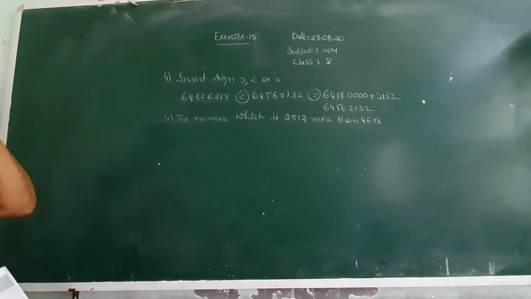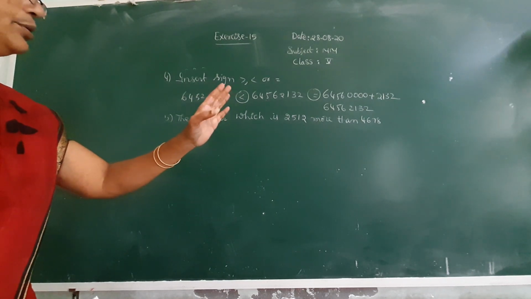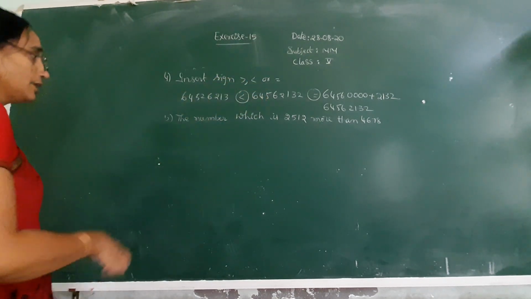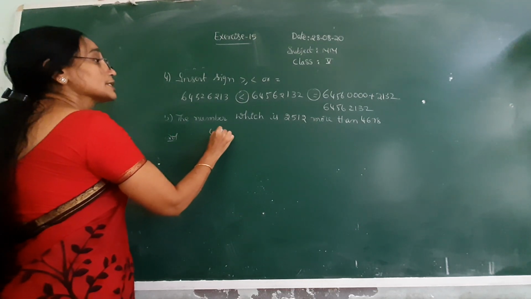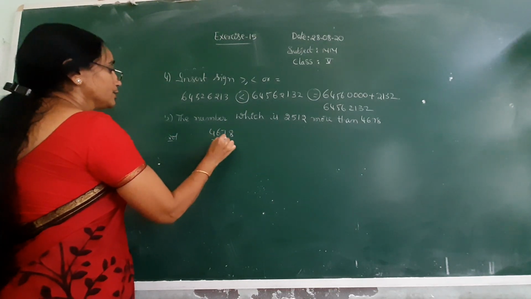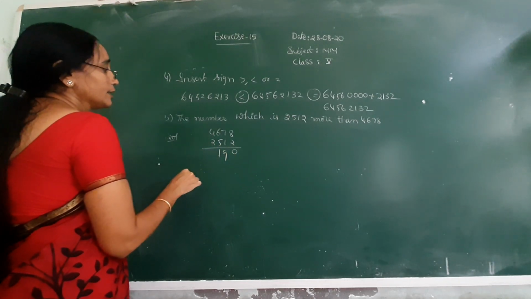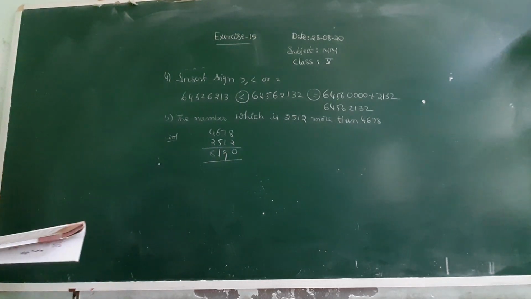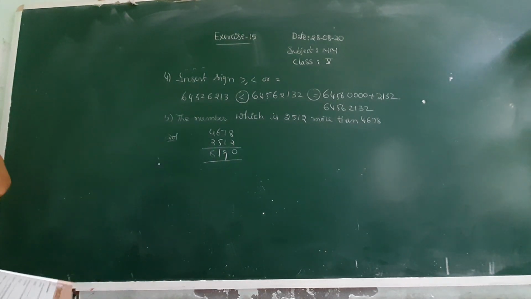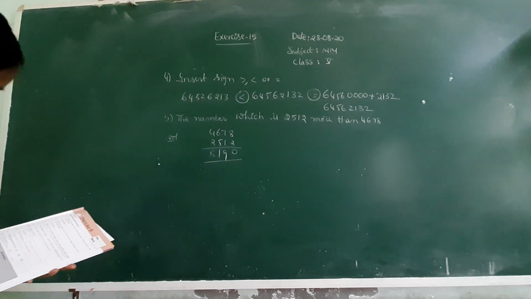That number is more than 4678 by 2512. Okay, now you have to add those two. So to get more than that number, 4678 plus 2512. So 10, 9, 11, okay, and 8. 8190 is 2512 more than 4678. Okay, now see the sixth problem.